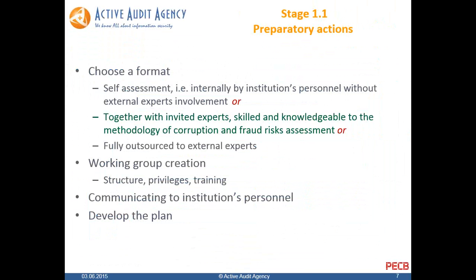Risk assessment is performed together with invited experts skilled to the methodology of corruption and fraud risk assessment, or risk assessment could be fully outsourced to external experts. In our country, each organization can choose this format, but from our experience, we can recommend that the best approach is using some invited external experts.